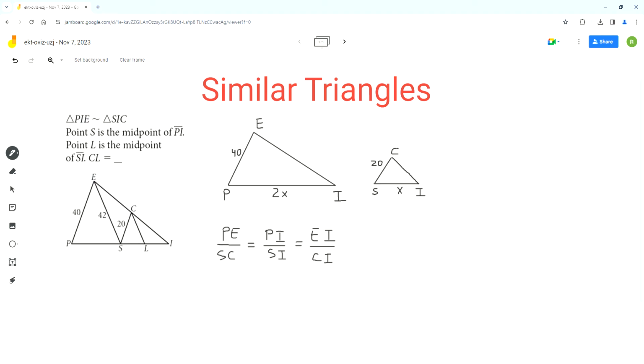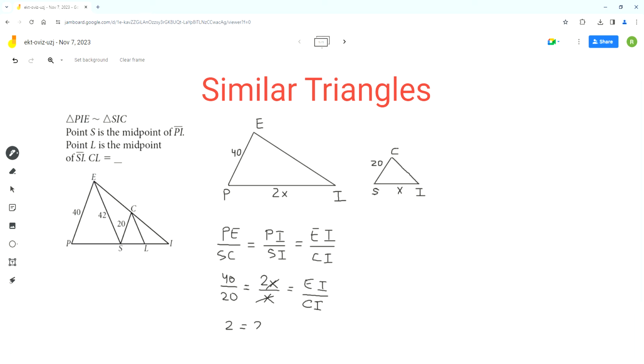If I substitute the values, PE is 40, so 40 over 20 equals 2x over x equals EI over CI. Now we can simplify these fractions. 40 over 20 is equal to 2. Here we can cancel out the x's.